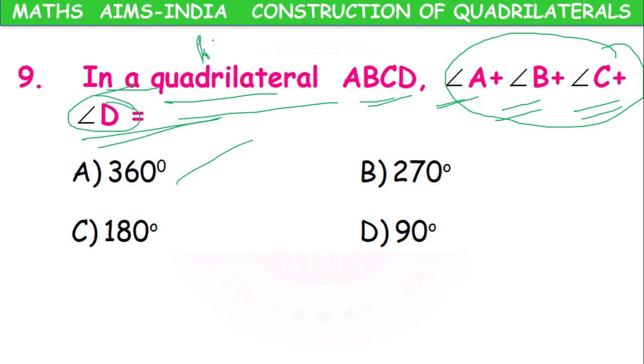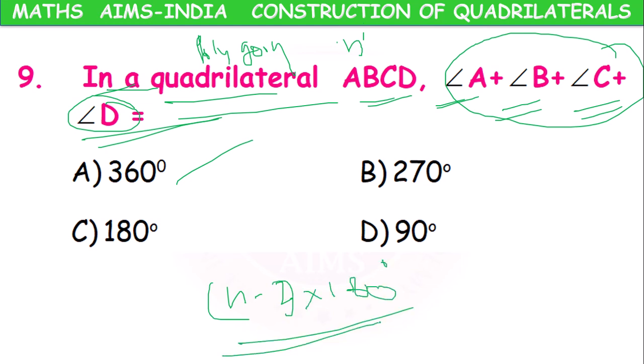For any polygon with n sides, the formula for the sum of interior angles is (n minus 2) into 180 degrees. Here, quadrilateral means four sides: 4 minus 2 into 180, 2 into 180, 360 degrees. So the answer is option A.